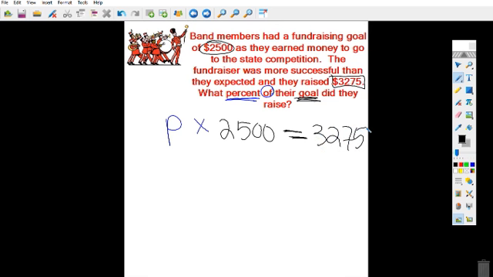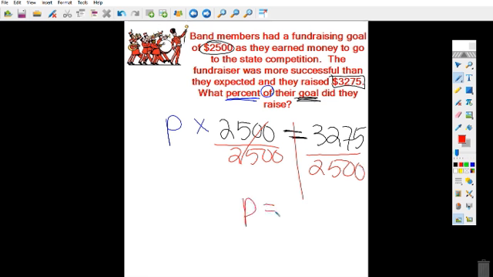Okay, so now we do equal to, what did they actually raise? 3,275. So to solve this, I'm timesing again, so I'm going to divide by 2,500. We should get P equals, divide those two. You should get a decimal, 1.31.